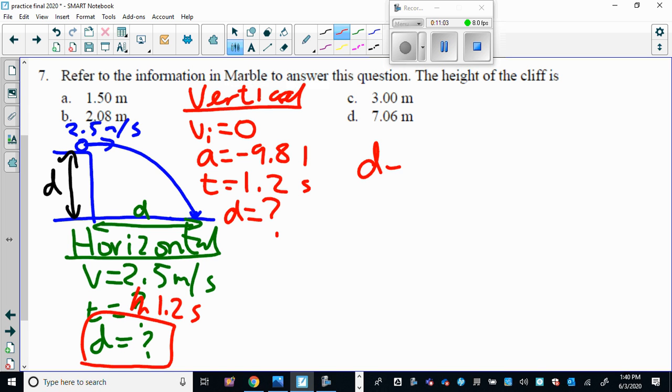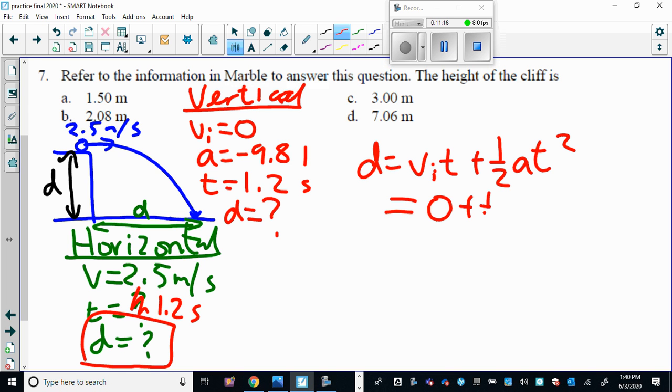It's this one here. Plug the numbers in, the VI being 0, we'll just eliminate that first part. And that will spit out an answer of 7.06.